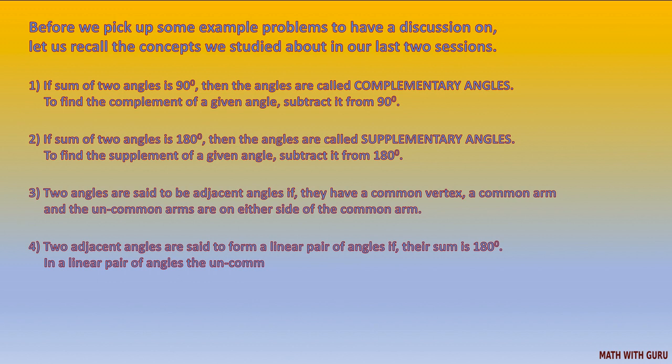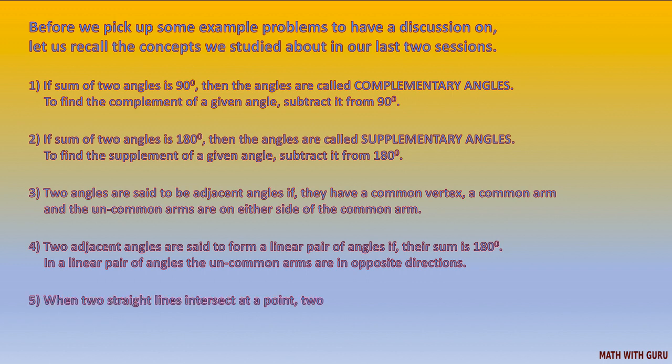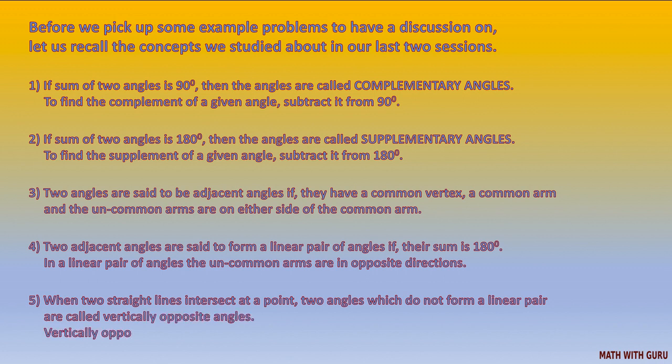In a linear pair of angles, the uncommon arms are in opposite directions. When two straight lines intersect at a point, two angles which do not form a linear pair are called vertically opposite angles. Vertically opposite angles have a common vertex, but they don't have a common arm.